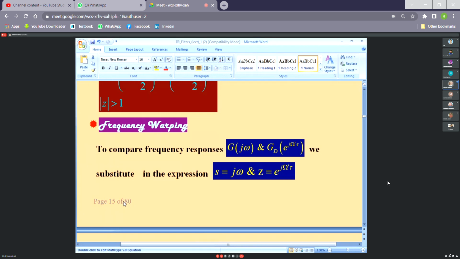So if you represent the sequence as sine of capital omega into n, what is the unit of capital omega? That is radians or radians per sample.